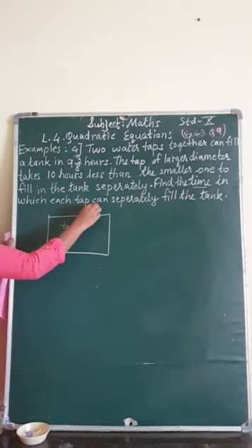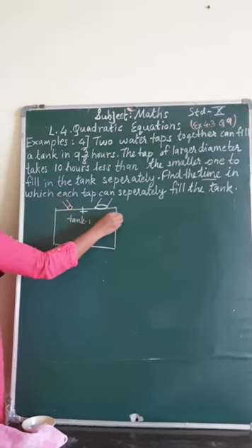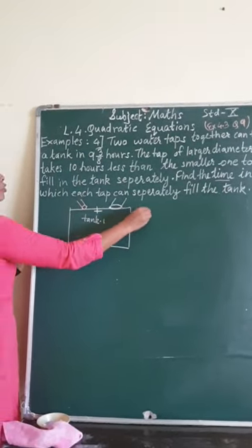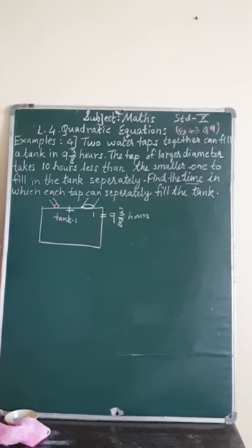When it is filled together, see the first sentence, two water taps together can fill the tank in 9 whole 3/8 hours. So together they fill in 9 whole 3/8 hours. It means one full tank is filled in these many hours together.